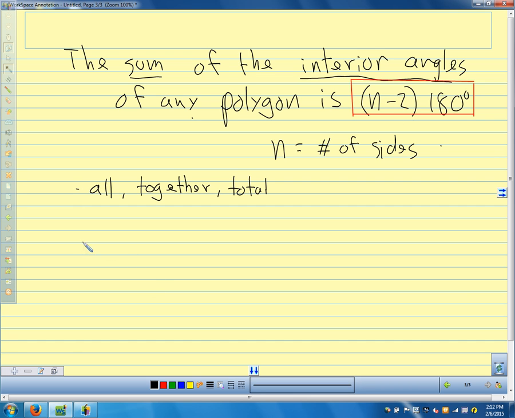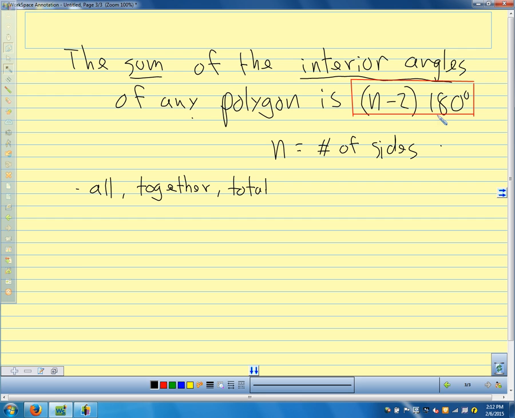Now, what if we had a regular polygon? So all of the sides, all of the angles are the same. If we know what all of the angles add up to together, how would we figure out how many degrees one of the angles is? So if we plug in n, that would tell us all the angles together.